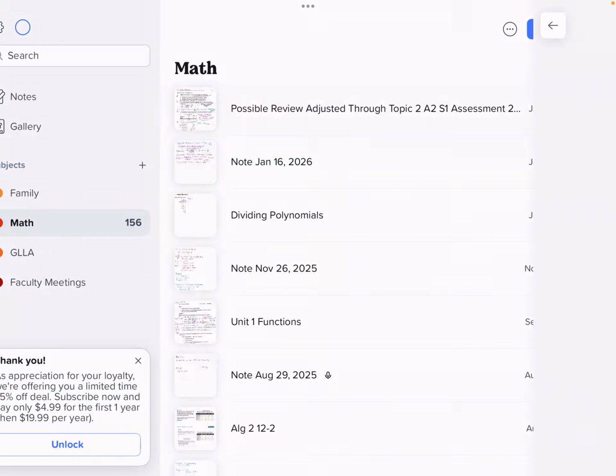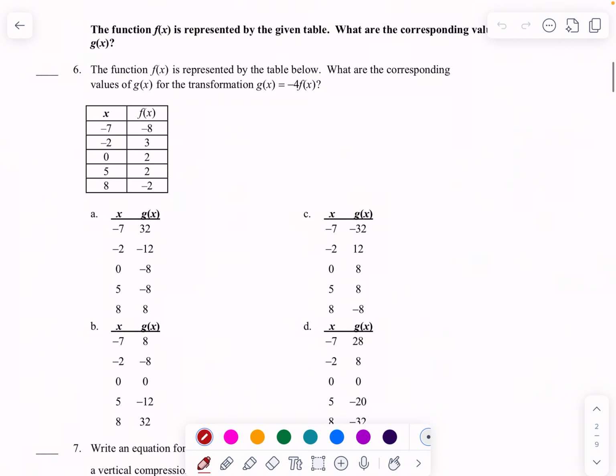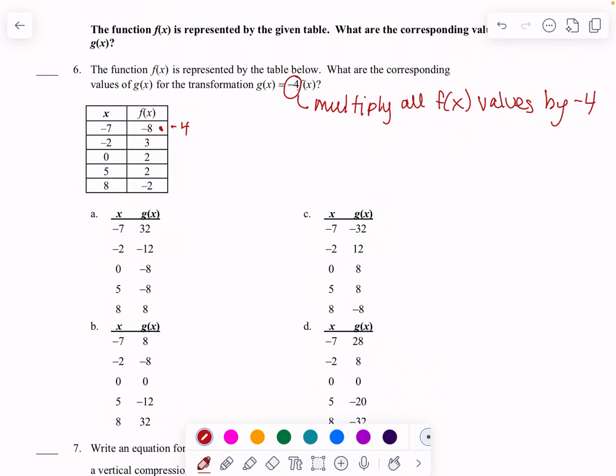Then, all right, this one. So this is showing we have this negative 4 multiplied by the f of x. This means multiply all f of x values by negative 4. So if I did negative 8 times negative 4, and all of these times negative 4 and keep on going down, I would get positive 32, negative 12, and you'll notice only one of them has those two, so I can stop.